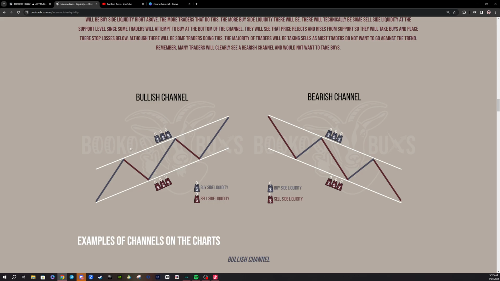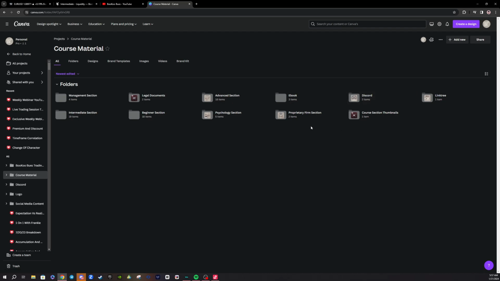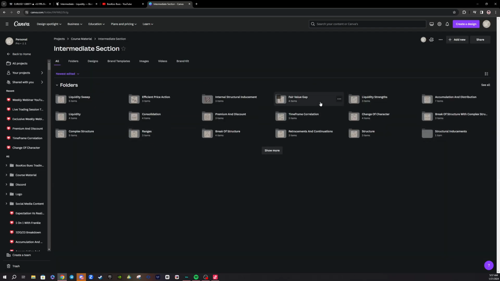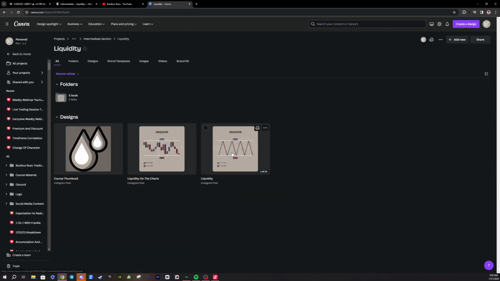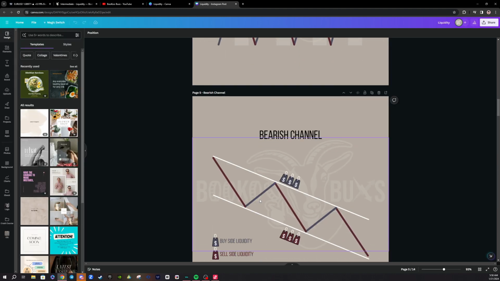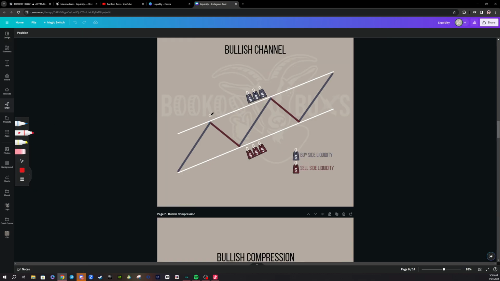There will be some traders that do take sells at the top because they notice every time price hits the top of the range, and I can actually just pull it up here, intermediate liquidity, and here. In this bullish channel draw, there will be traders that see, hey, price tapped here, price tapped here.